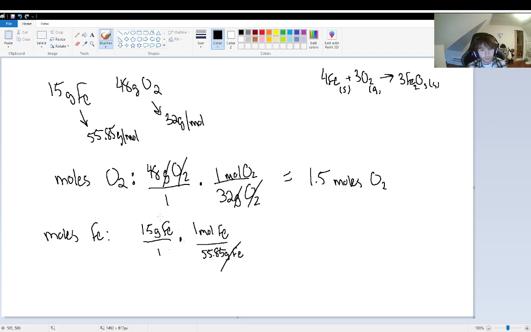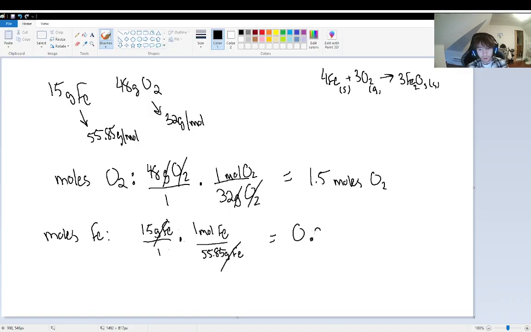So grams of iron cancel out, and I'm left with moles of iron. It's 15 divided by 55.85, which is 0.267. I'll round to 2 sig figs, so 0.27 moles iron.